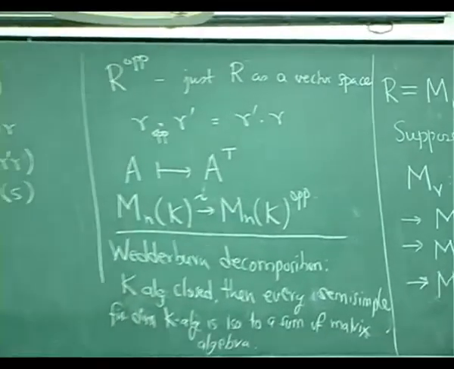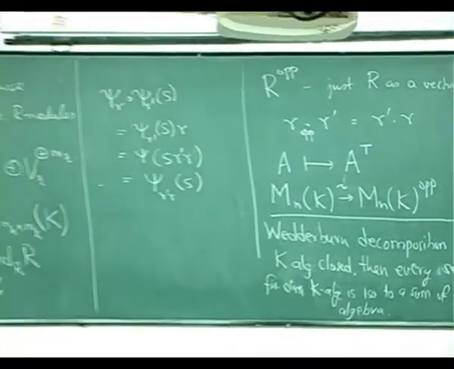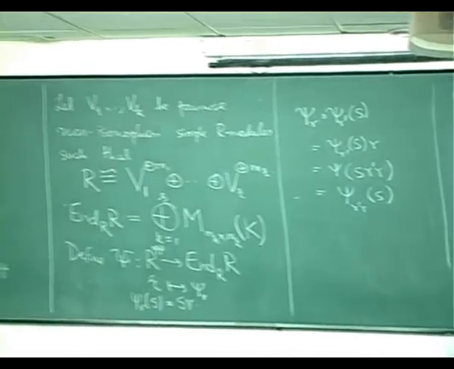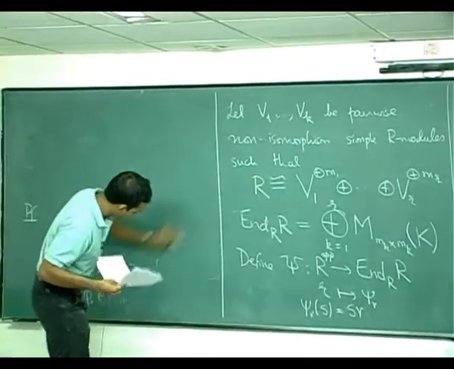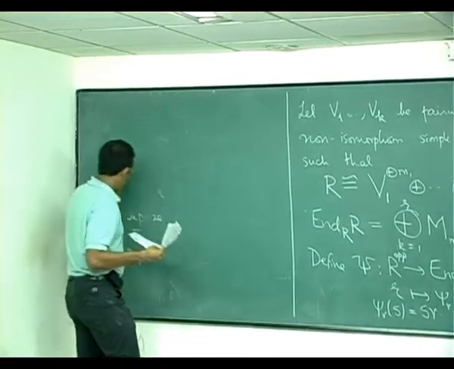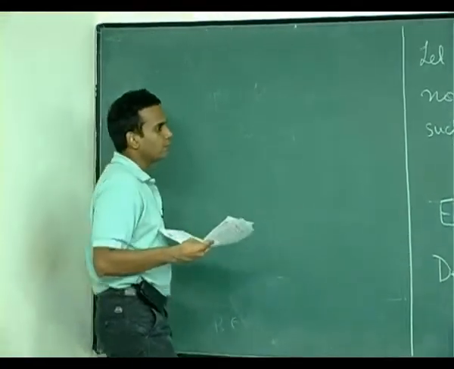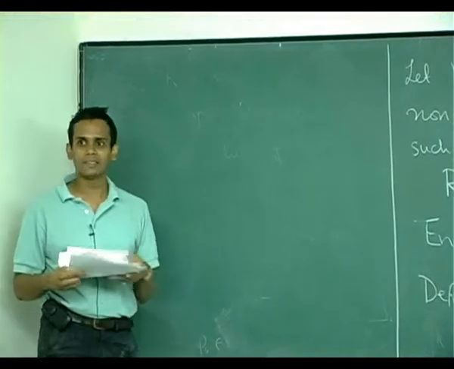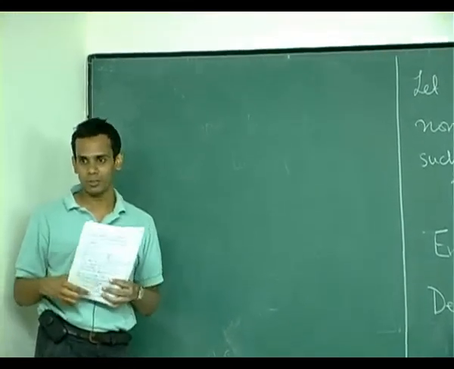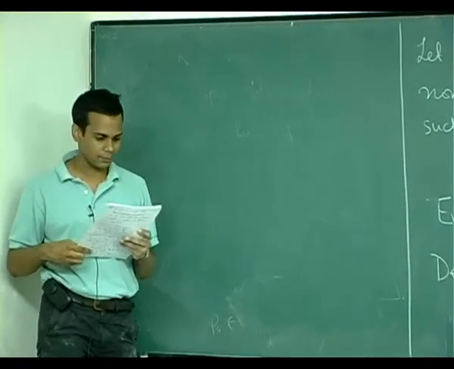Now these are the building blocks for all semi-simple algebras over an algebraically closed field. We just need to see how we can put these things together to get simple modules for a semi-simple algebra.